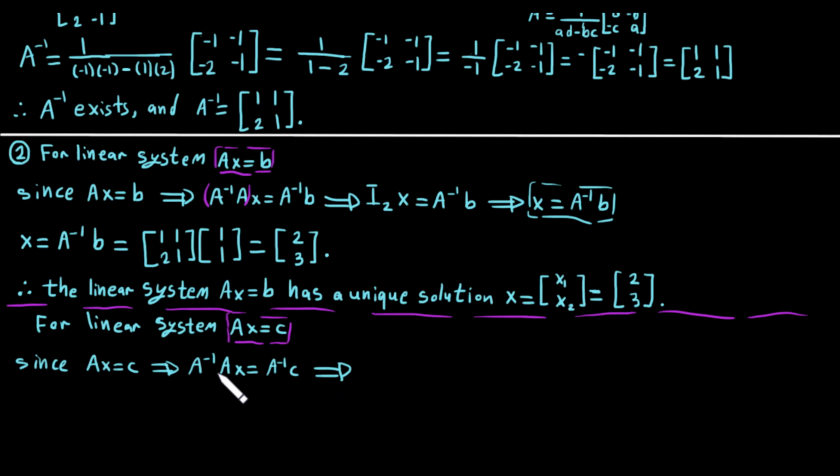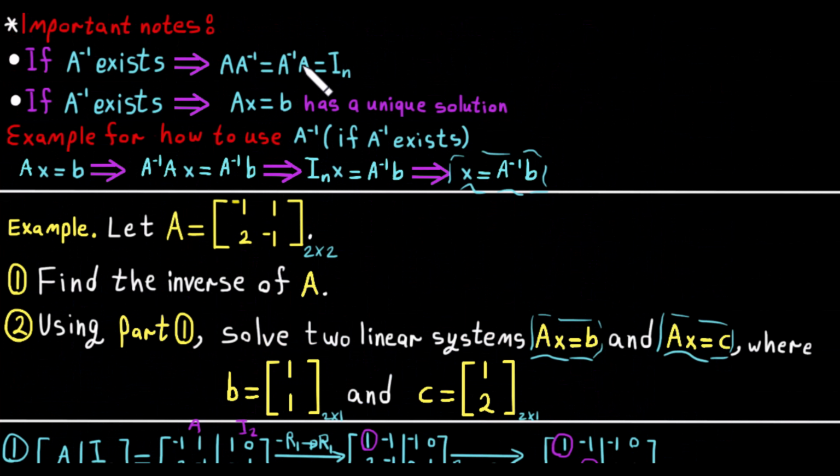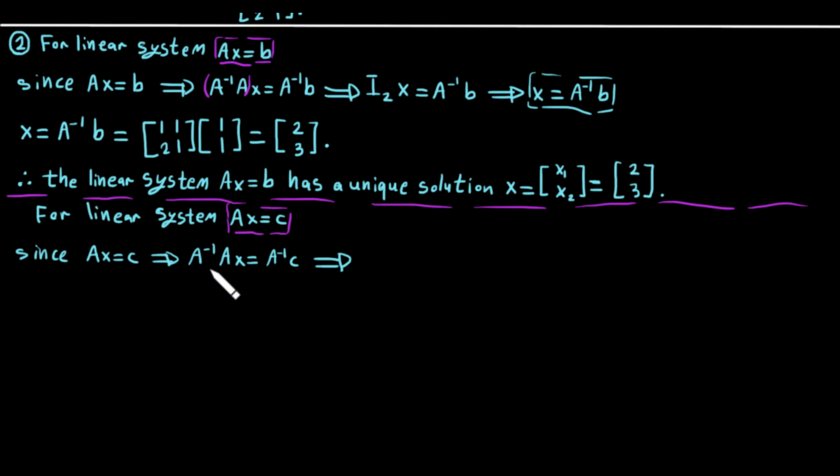And you have to know this is equal to identity, as we explained before: if you have A inverse multiplied by A, it equals identity. So here it will be identity with size 2 by 2.